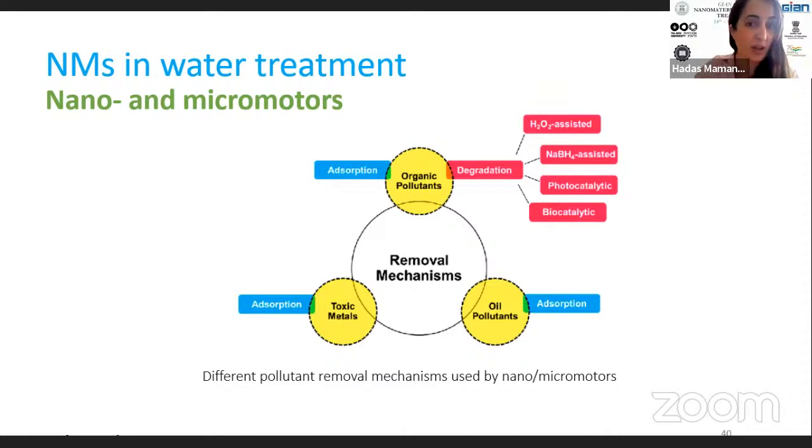And they have several exciting applications. So different mechanisms employed by nano and micromotors for treatment of water pollutants are graphically shown in this figure, okay? So here we have the removal mechanisms, adsorption of organic pollutants, toxic metal and oil pollutants, and the removal of them using nano and micromotors.